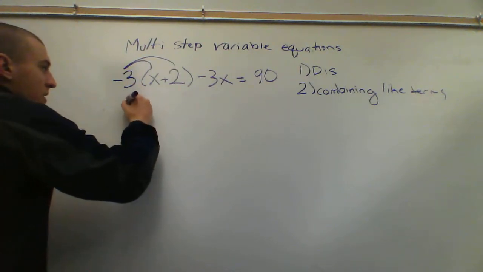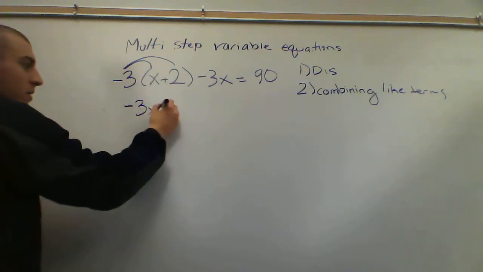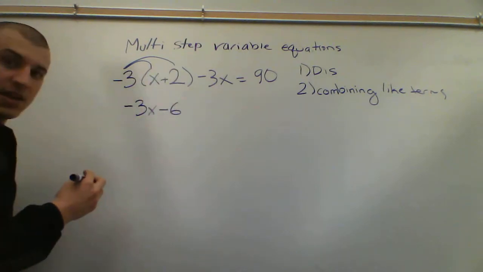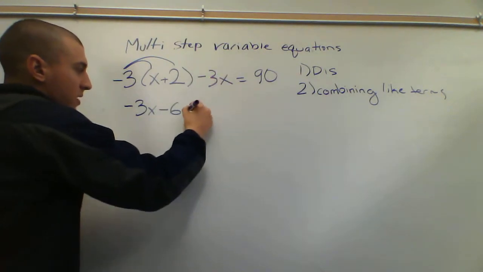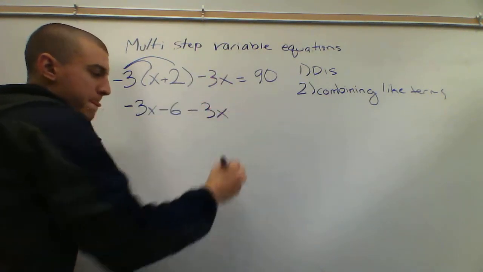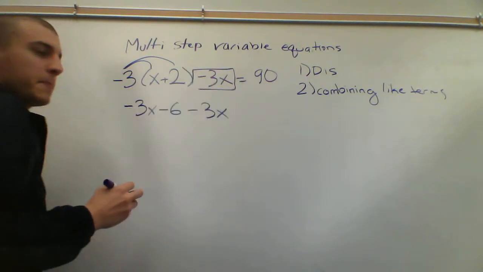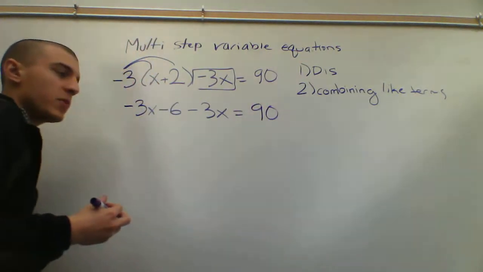So we have negative 3x, negative 3 times x, minus 6. Negative 3 times 2 is negative 6, okay? And then we have to bring down this negative 3x. Okay, we didn't use it up here yet, so we still have to bring it down, all right? Equals 90.